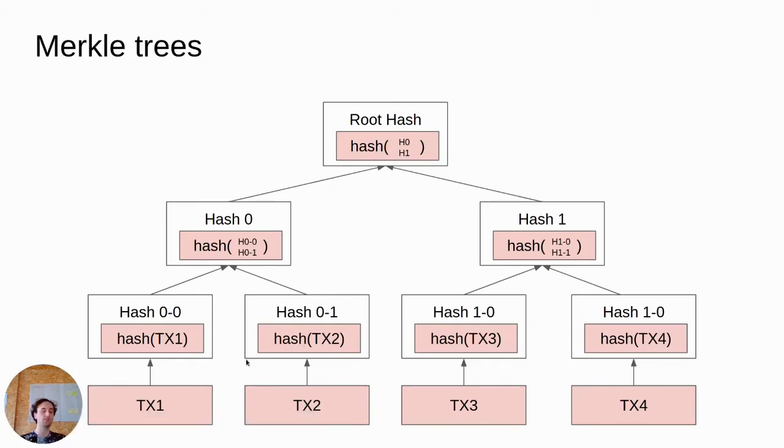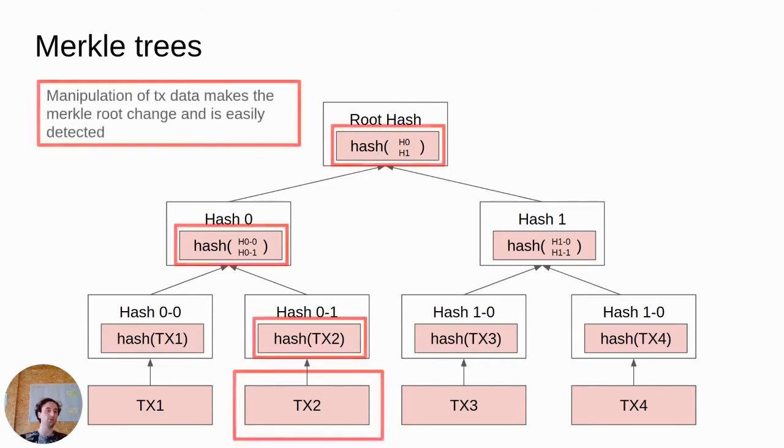Then I hash these two together, that creates this one. Then I get the third transaction, create the hash of that. Fourth transaction, hash of this, and create the hash of these two. Then I create a hash of these two, and this final summary summarizes every single transaction that happened in the block.